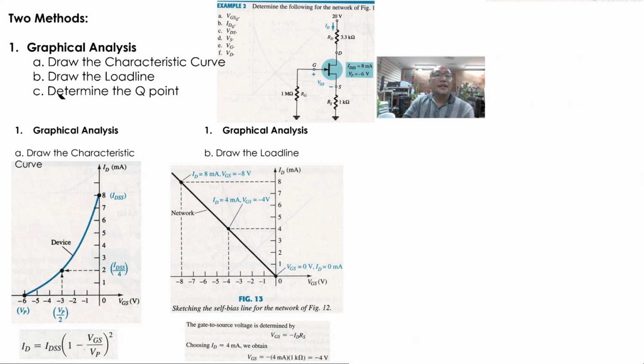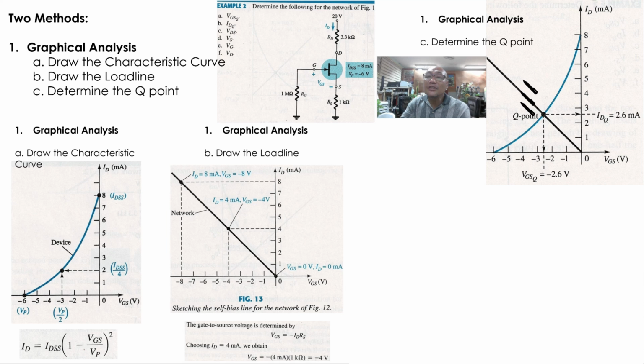For the third thing that we have to do, let's determine the Q point. How are we going to determine the Q point? Let's combine these two figures together, that is our characteristic curve and our load line. So this results in this. We have now our characteristic curve and our load line. Take note of the intersection of the characteristic curve and the load line; that will define what we call the operating point, or Q point, or quiescent point.